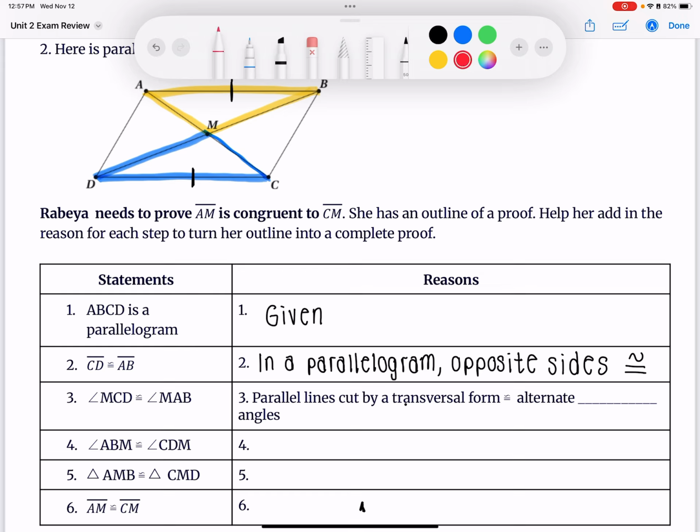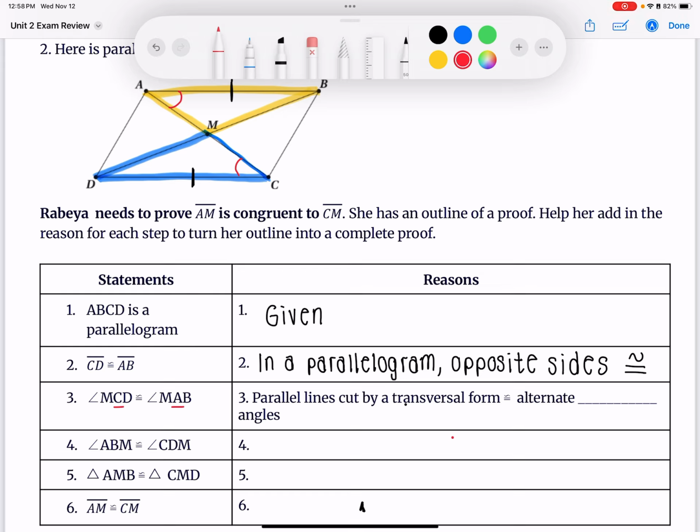Now we can say for number three, the angle MCD, so MCD is this angle right here, is congruent to angle MAB. MAB is right here.